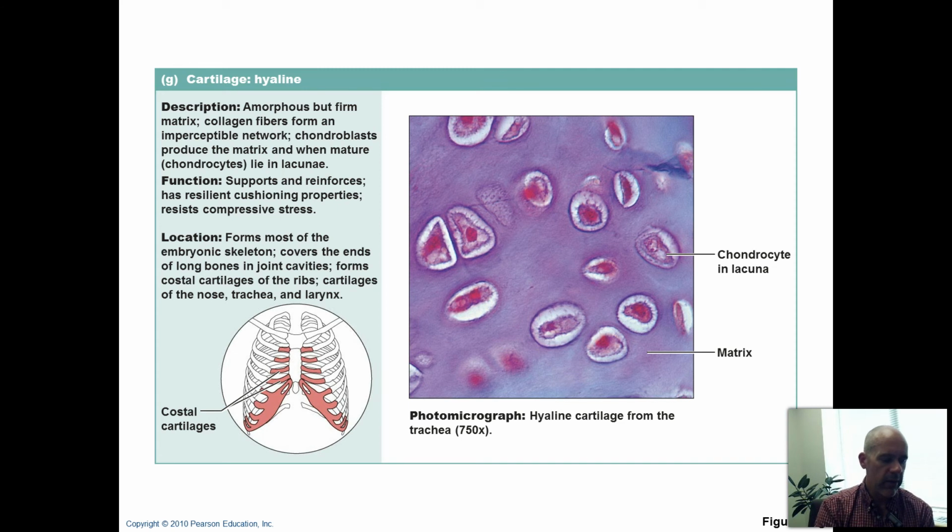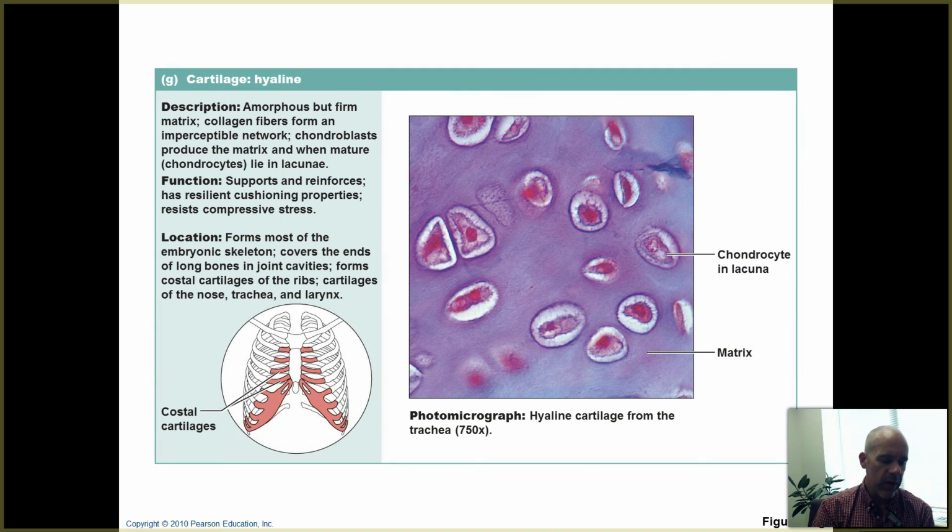All right, hyaline cartilage. Where do you have hyaline type cartilage? This is going to be your most abundant type of cartilage. And so if you think about gristle, you've seen gristle before on the ends of bones. If you could slice the gristle into little thin microscopic slices, put those on little glass slides, look at them under a microscope and color them with dyes, this is what you would see.